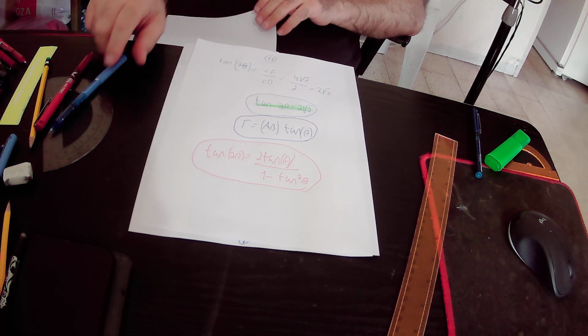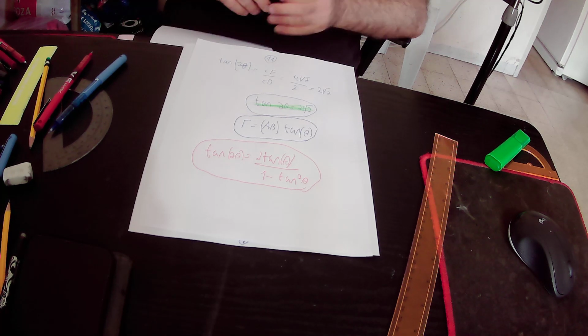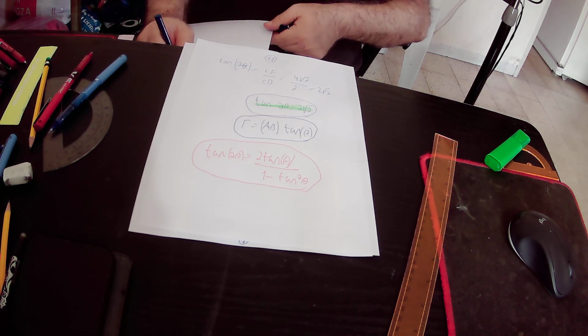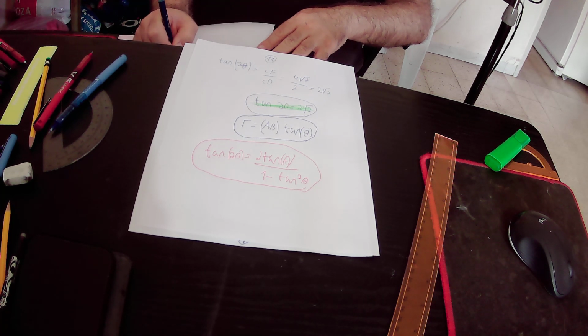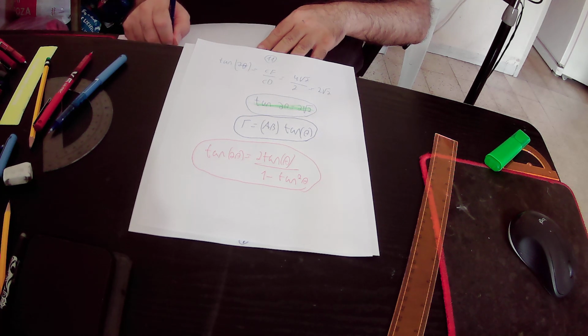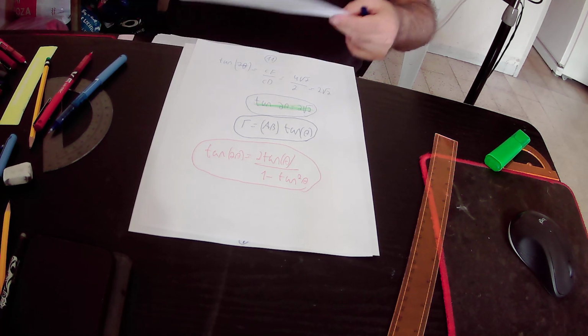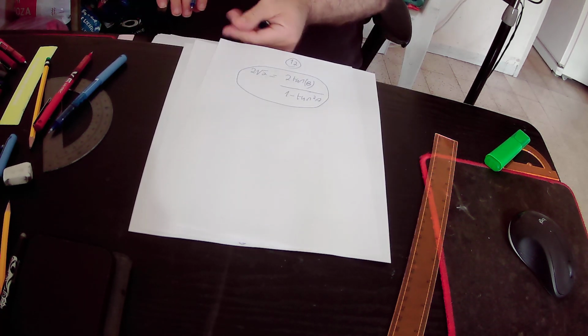We will get that 2 times root 2 equals 2 times tangent theta over 1 minus tangent square theta. So we have this equality from the trigonometric identity.